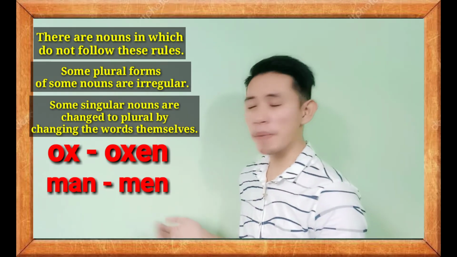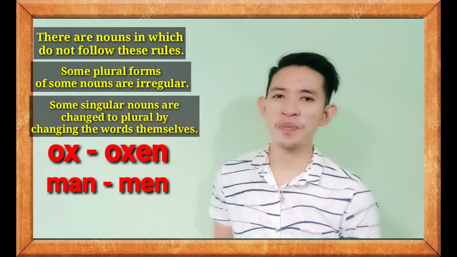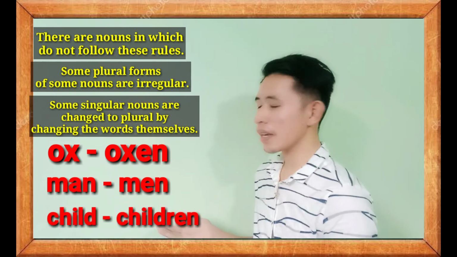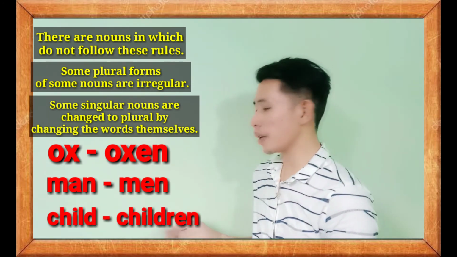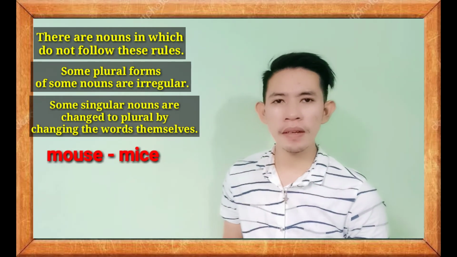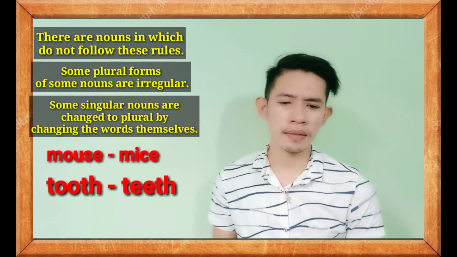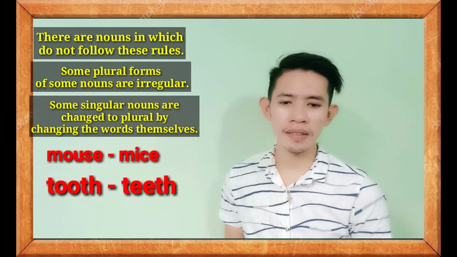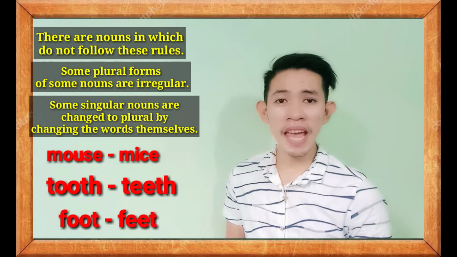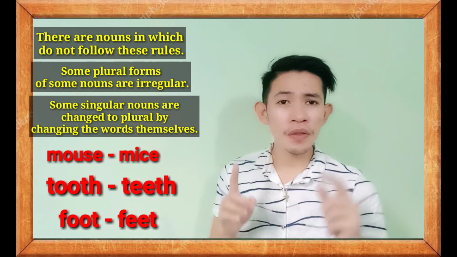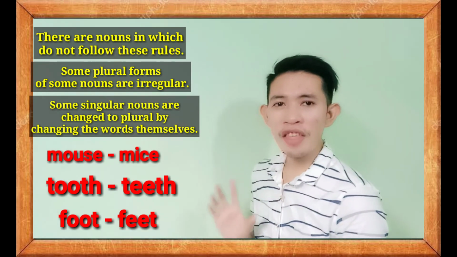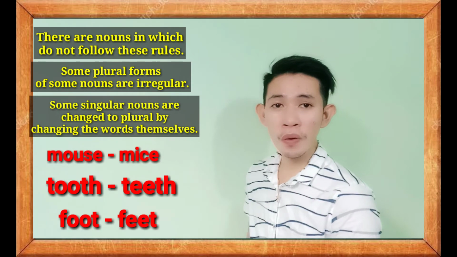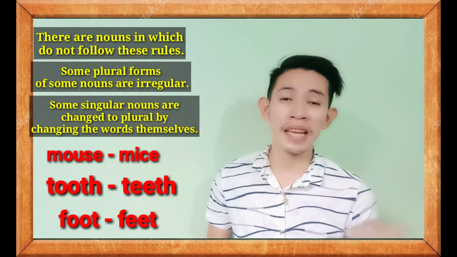Man, it became men. Child, it became children. Mouse became mice. Tooth became teeth. Foot became feet. So these are words that do not follow those rules that we have talked about.